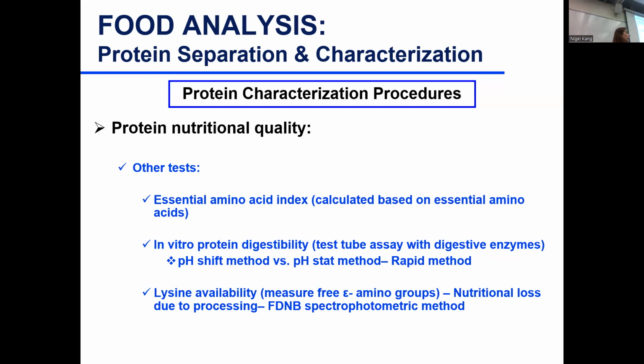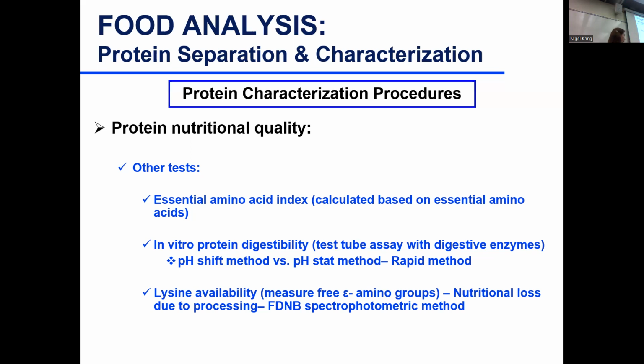We don't need rats. We just use different digestive enzymes at different pH, different acidic reagents, and then we calculate the protein digestibility. And it's a fast method. It can be done in like 2 days.